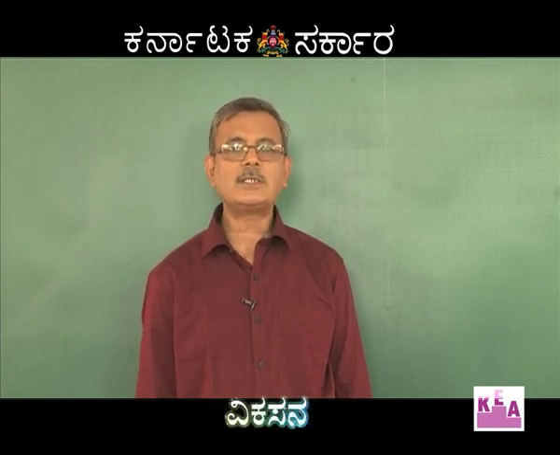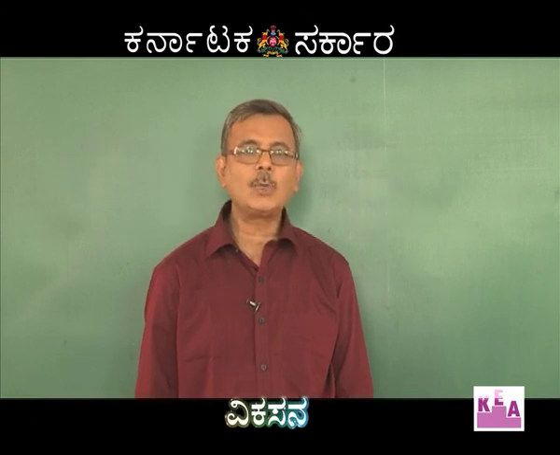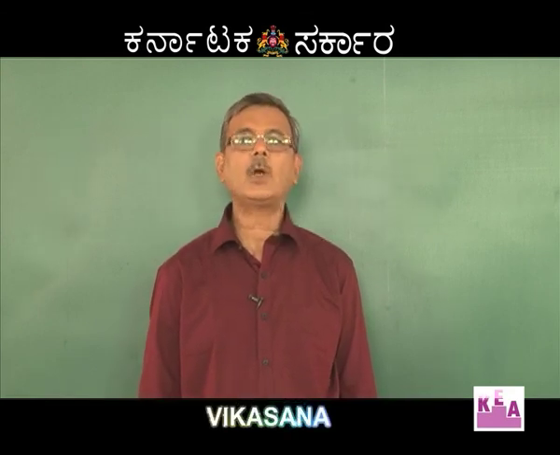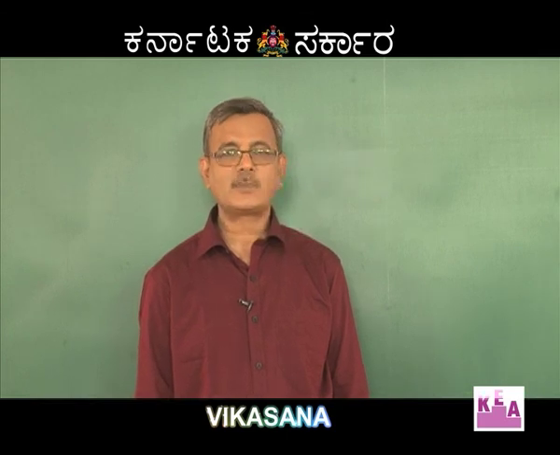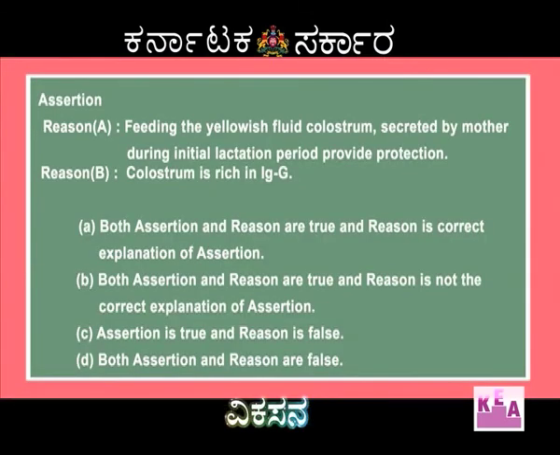Colostrum carries immunoglobulin A. Immunoglobulin A is also found in all body fluids, thereby it is called secretory antibodies. So the assertion is correct, whereas the reason is wrong. So the answer is option C, that is assertion is true and reason is false.